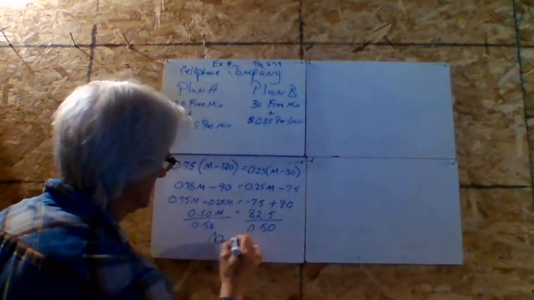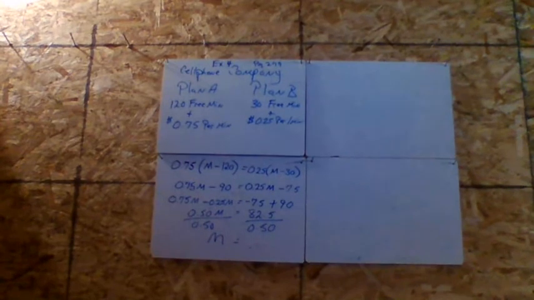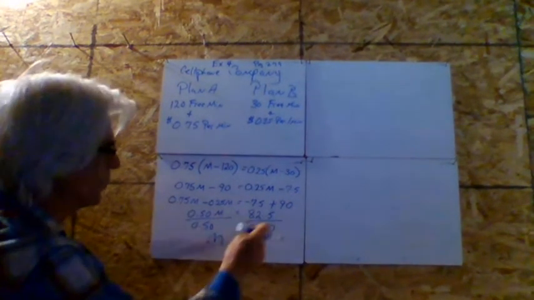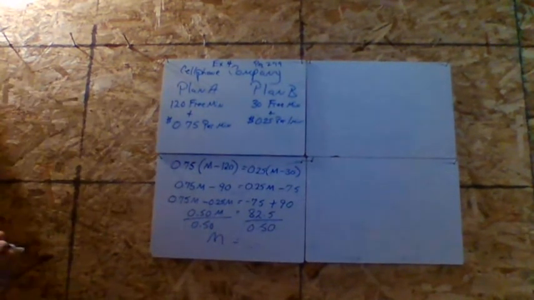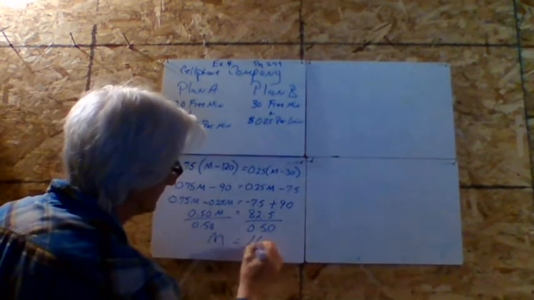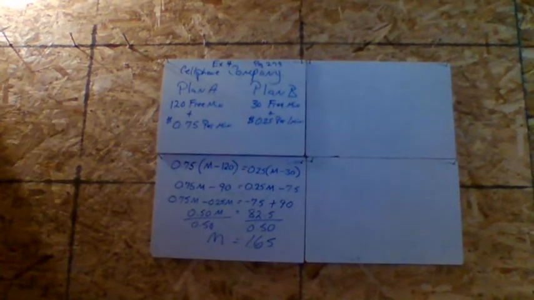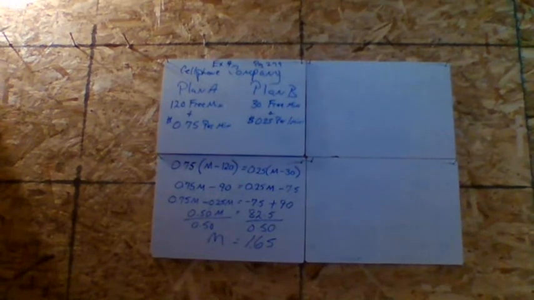So m is equal to 82.5 divided by 0.5, which would be, where am I at here? 165. So we've gone in and done the first part of it. We solved the problem. Next, they asked me to verify it.